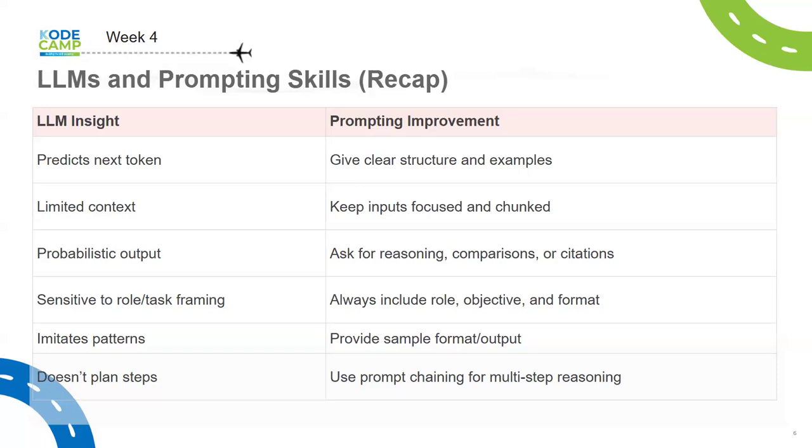Okay. Then it doesn't plan steps, right? The large language model cannot really plan, but you can encourage it to plan. So the best approach would be to ask it for a plan. When it gives you a plan, then you ask it to follow the steps in that plan. If you do not explicitly do that, it will not do it.